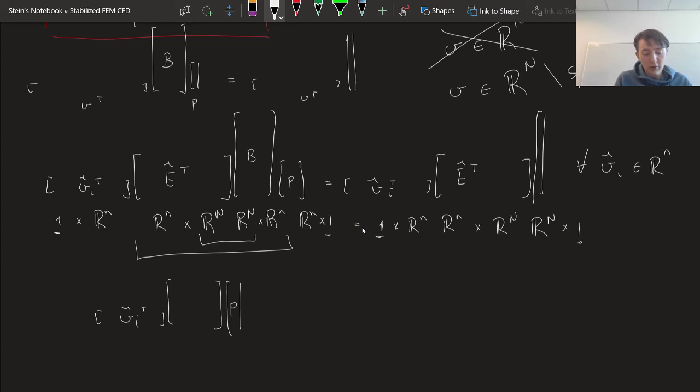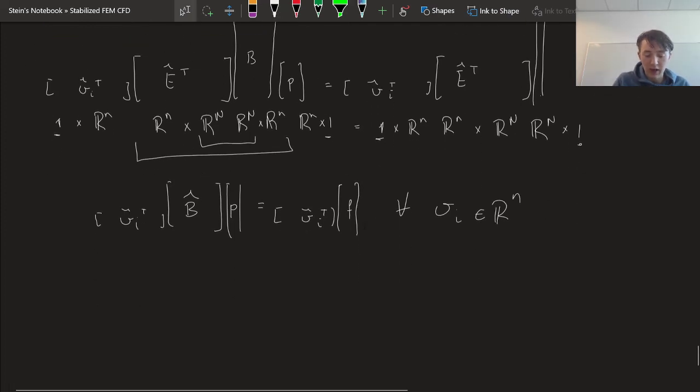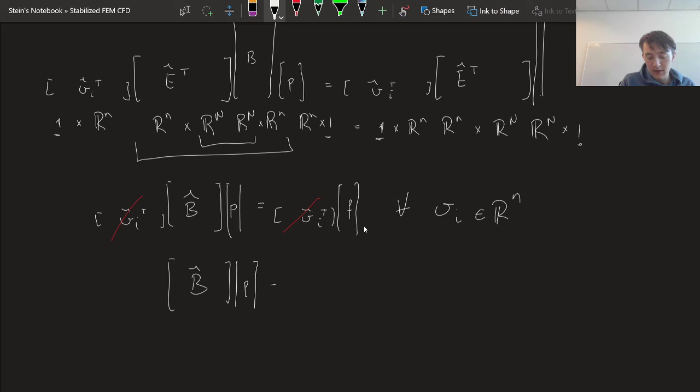So this is now the contraction of this E and this B, so let me write that as B with a hat. That's going to be equal to v hat I transpose times F, whatever F may be. And again, that has to be true for all v I in R n. So at that point, we're allowed to simply cross these out, and now we have B hat times P equals F, where B hat is an n by n matrix, P is an n by 1 matrix, and F is also an n by 1 matrix.